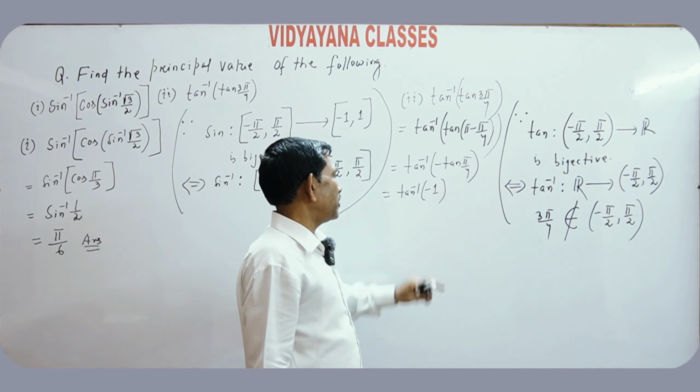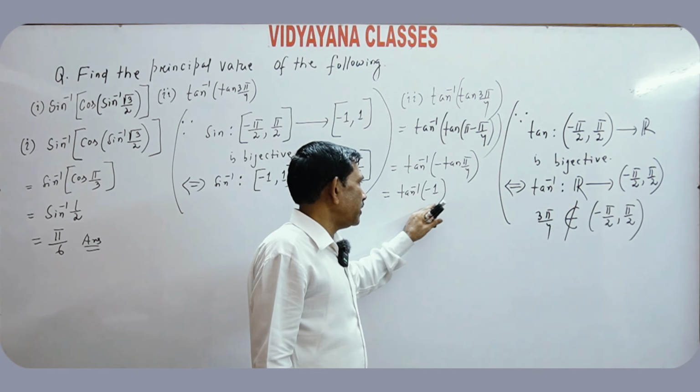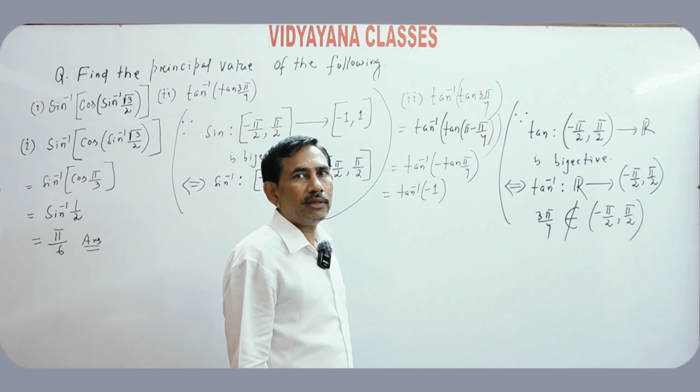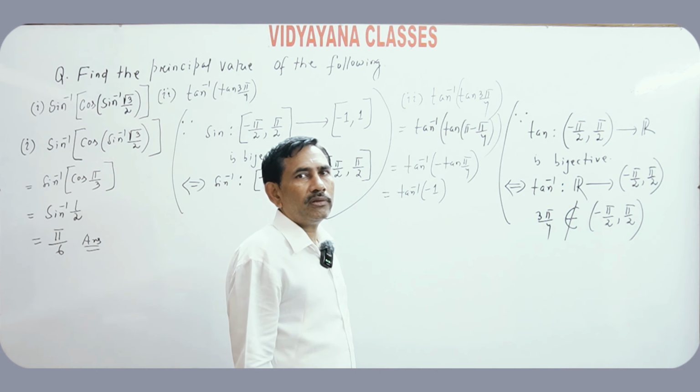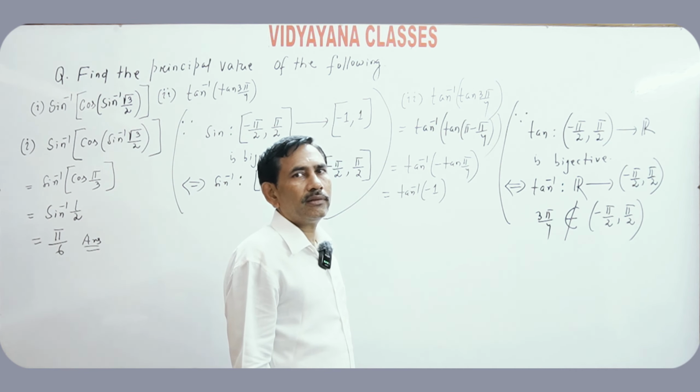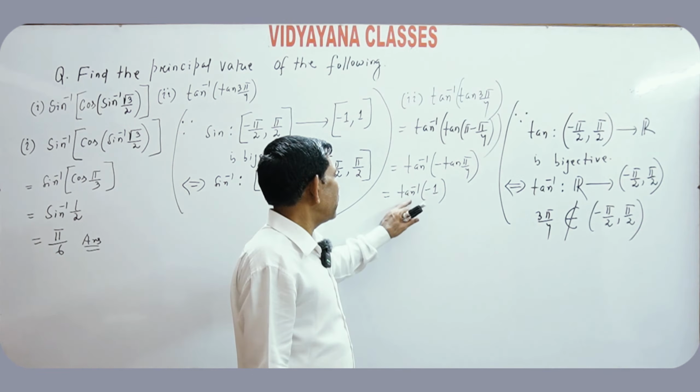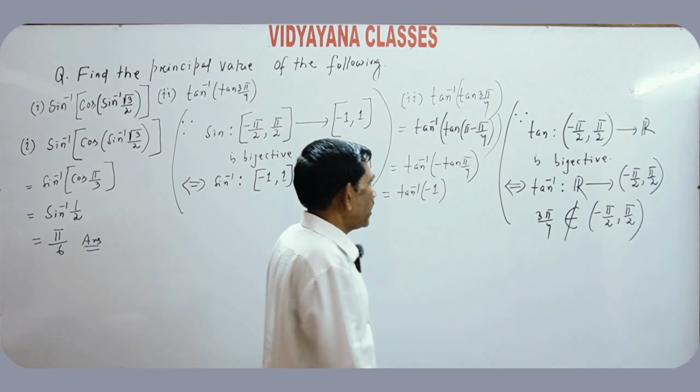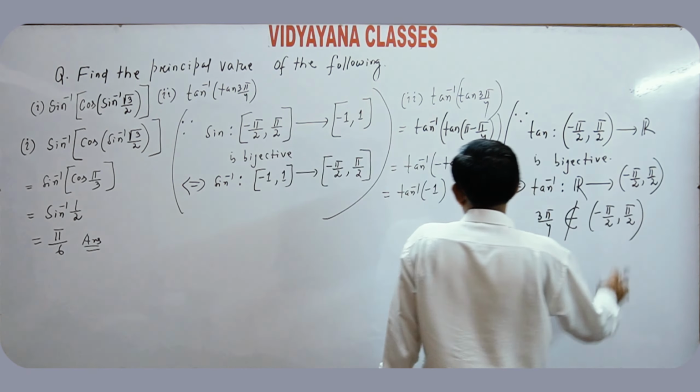Tan inverse minus 1 represents a radian angle, since every inverse trigonometric function represents a radian angle. Tan inverse is defined from this set to this set.